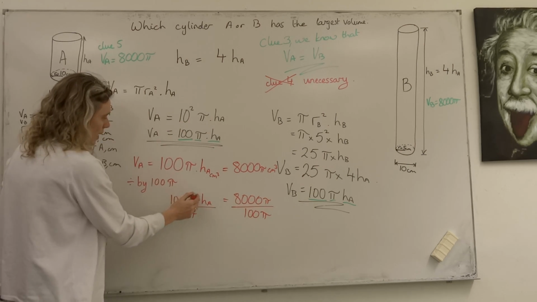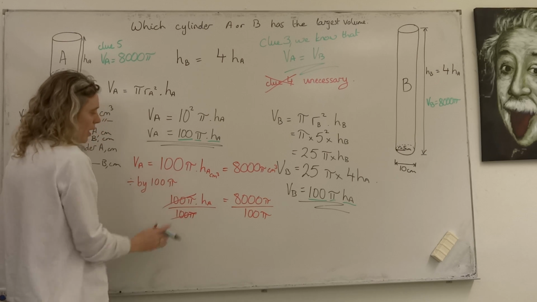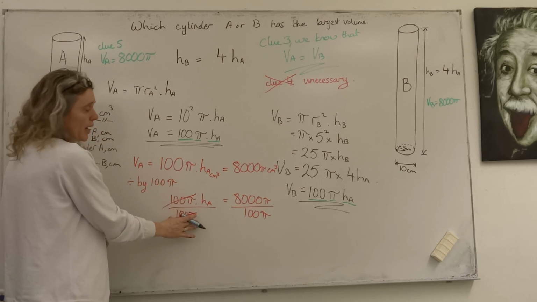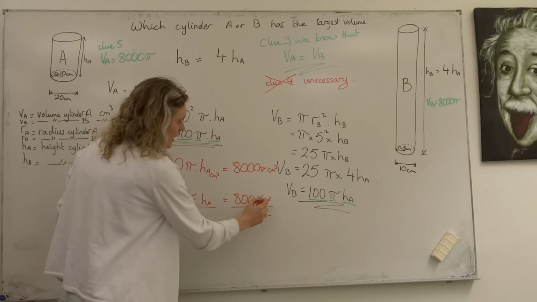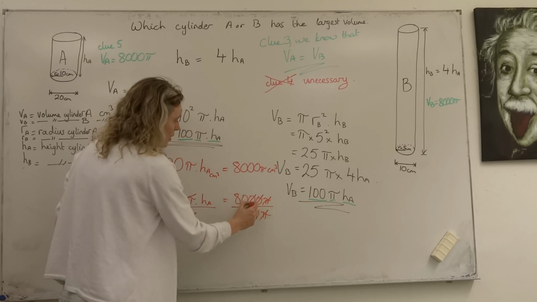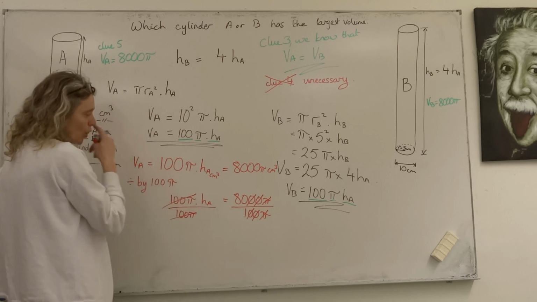What happens then? Well, 100 pi cancels with 100 pi. 100 pi divided by 100 pi would be 1. Pi divided by pi would also be 1. We can cancel this 0 with that 0 and divide the top by 100.